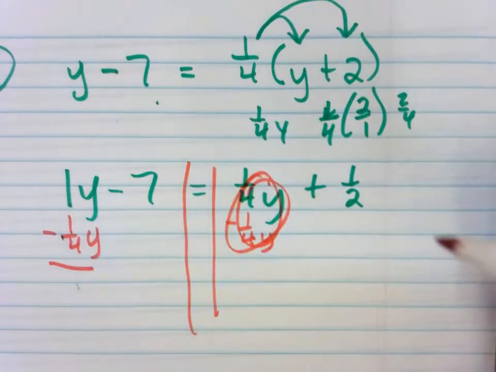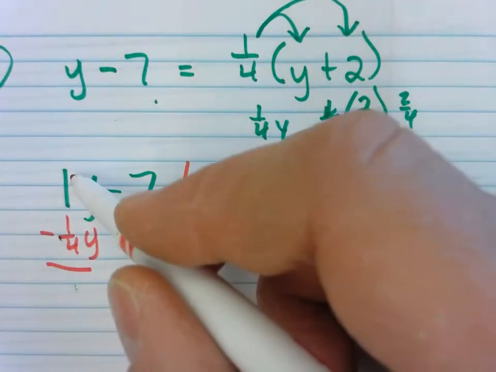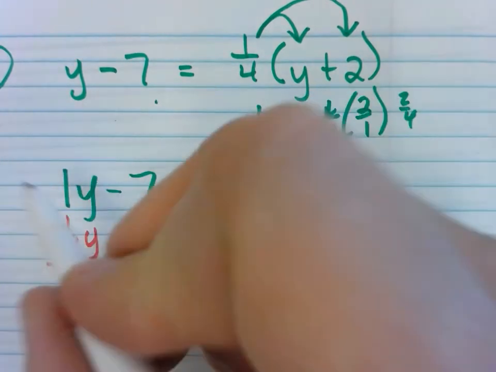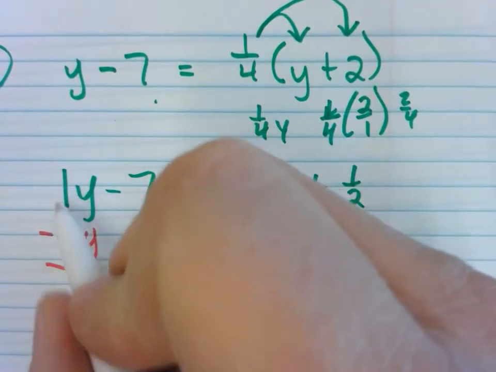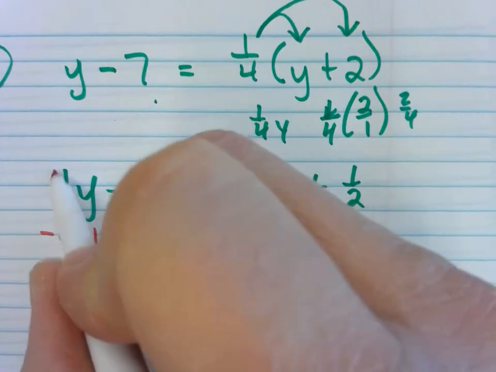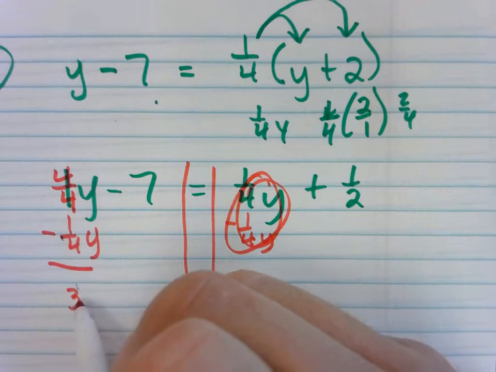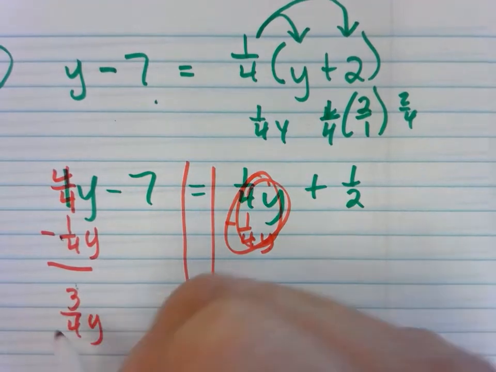Now 1 minus 1/4. If you think about a dollar, you can take away 25 cents. That'll give you an idea of how this works. But 1 as a whole, if I had to change it into fourths, that would be 4/4. 4/4 minus 1/4 would give you 3/4 y.